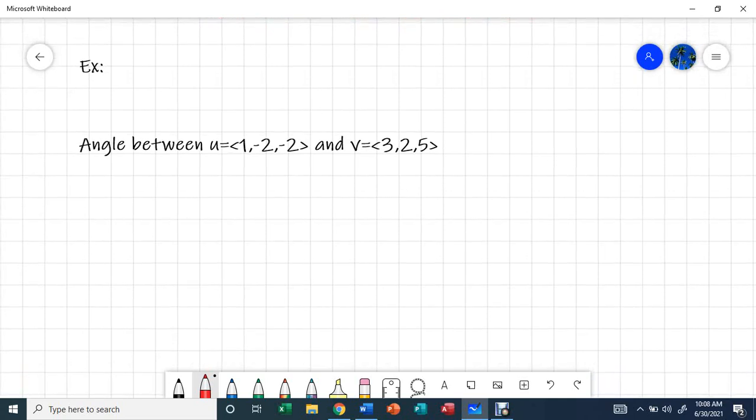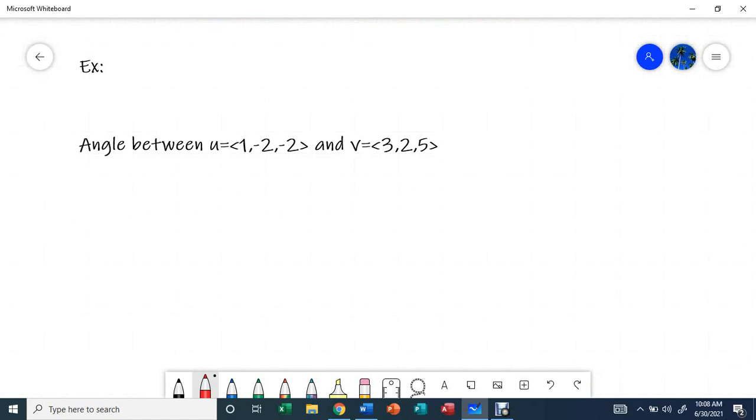u equals 1, negative 2, negative 2, and v equals 3, 2, 5. We need to find the angle between u and v. Let me write down the formula again.